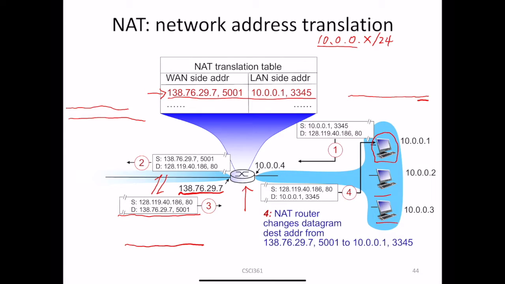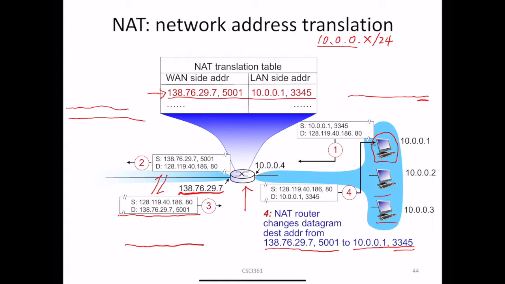Therefore, the NAT router will change the datagram destination address from this public IP address and this port number to the local IP address with this port number.